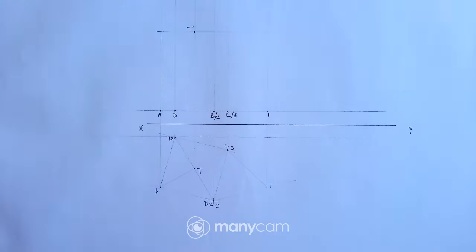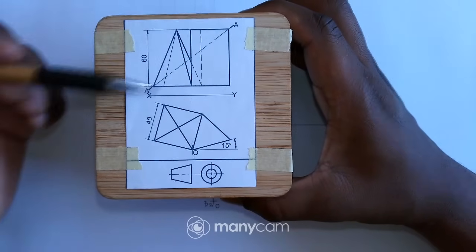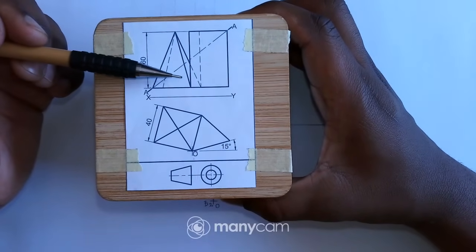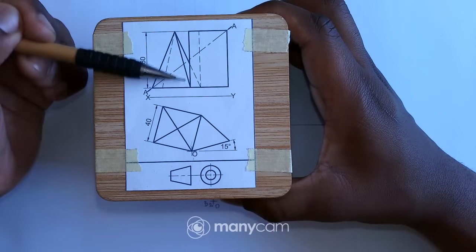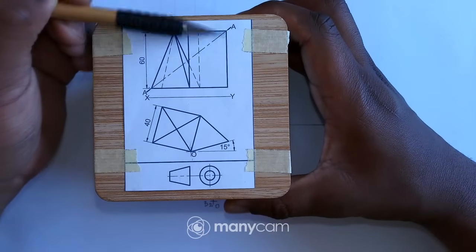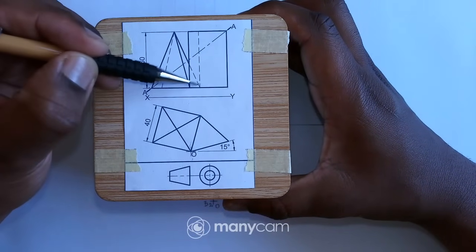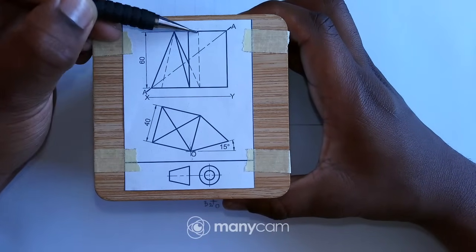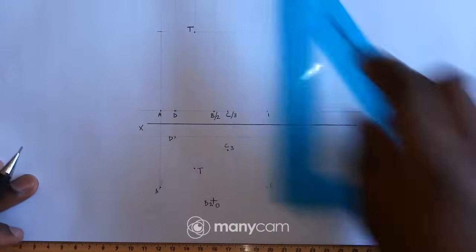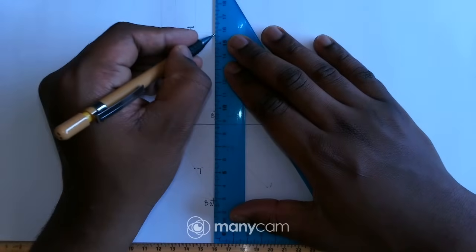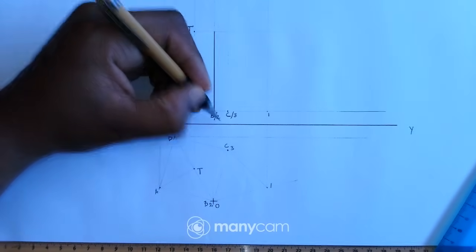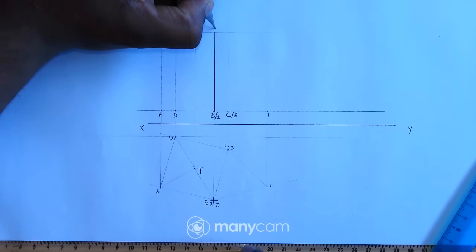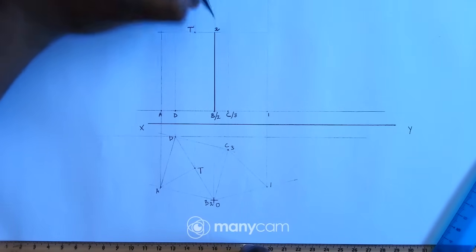Okay, so now I can just draw my front view. Remember here this edge is 2, and then this one is 1, and then 3 is hidden there, right? Okay, so I can just draw a straight line here. So this is edge or line 2 2, right?